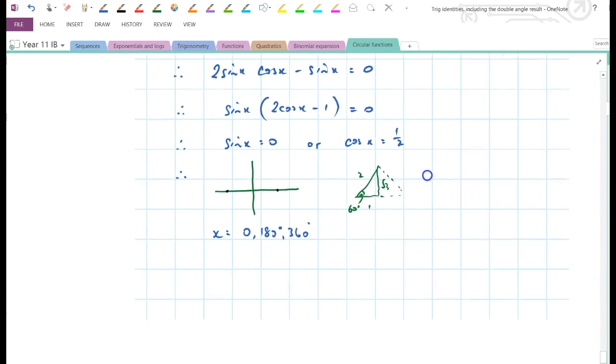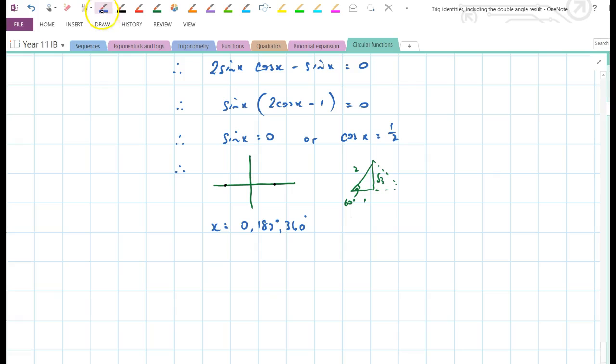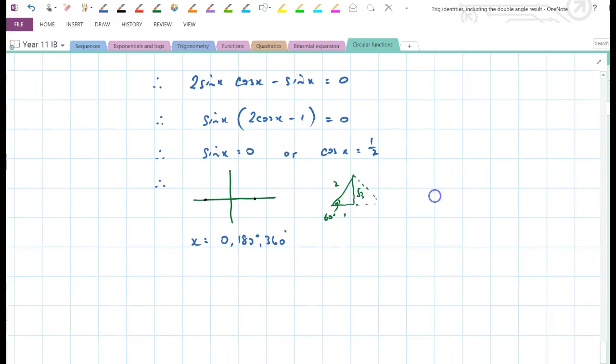All right, so shrink it back and finish this solution off. So cos x equals 1/2, it's a 60 degree angle, and we're also in the quadrants where cos is positive, there and there. So the 60-degree angle in here, that one there is 60, and the 60-degree angle in here is that one there, which is 300.